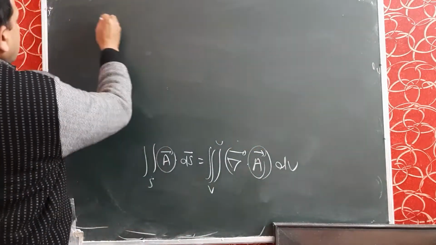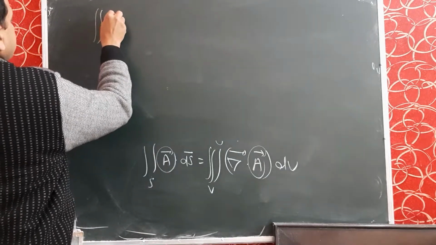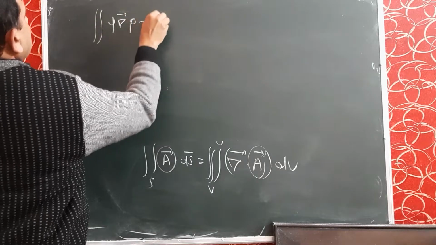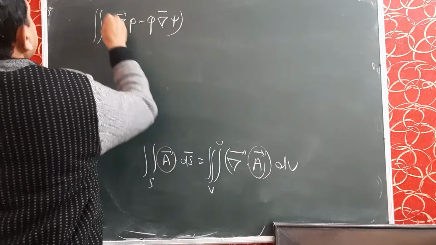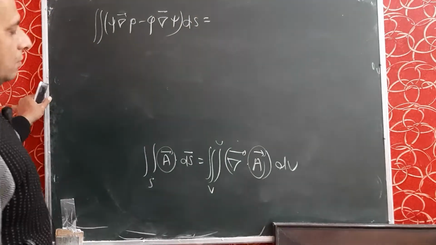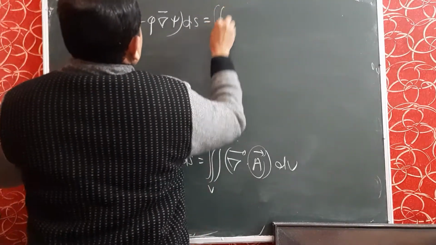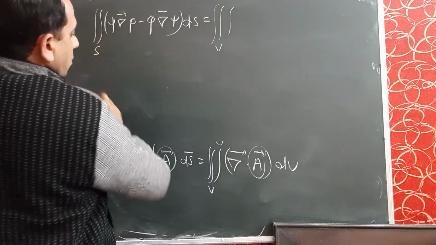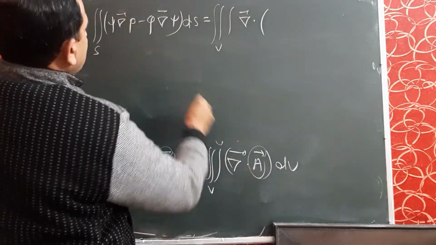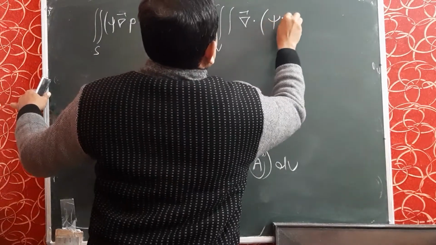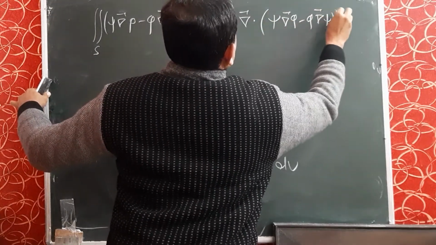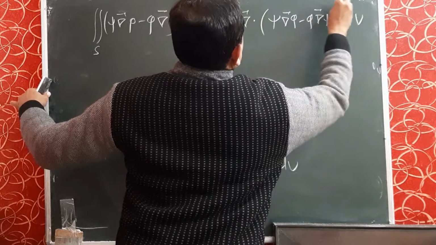Here, what is a? Here a is psi del phi minus phi del psi into ds, and this is equal to the triple integral of del dot a, where a is psi del phi minus phi del psi, into dV.